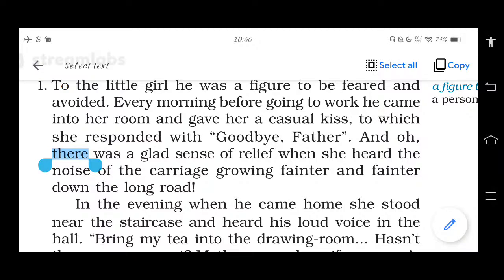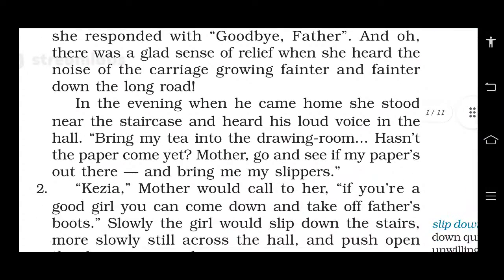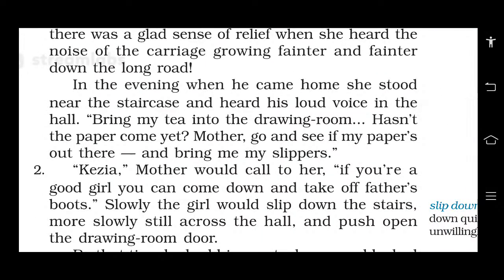Is it clear, everyone? Next, if we look at this part, in the evening when he came home, she stood near the staircase and heard his loud voice in the hall, "Bring my tea into the drawing room.